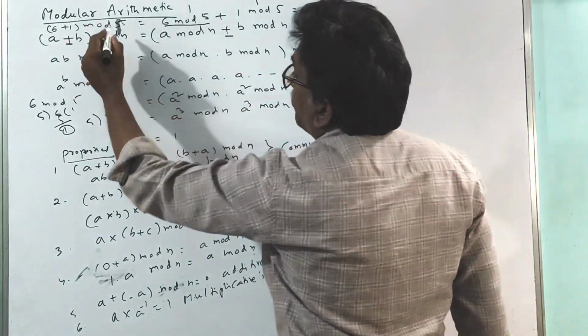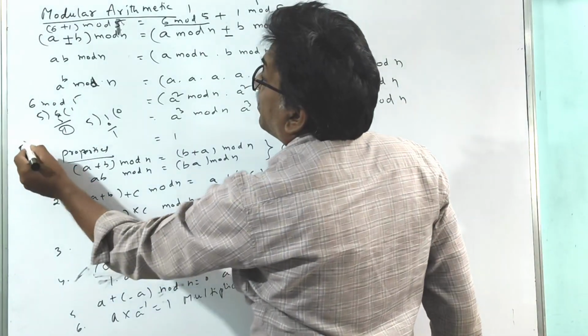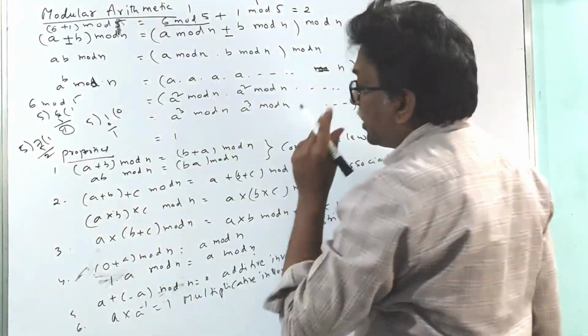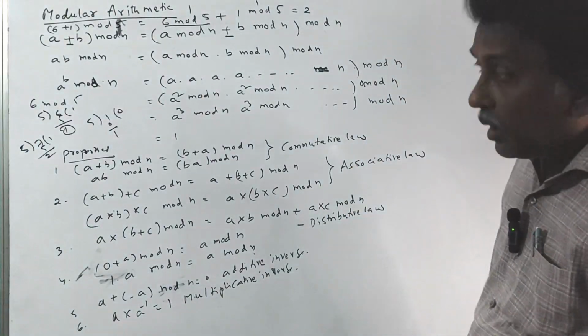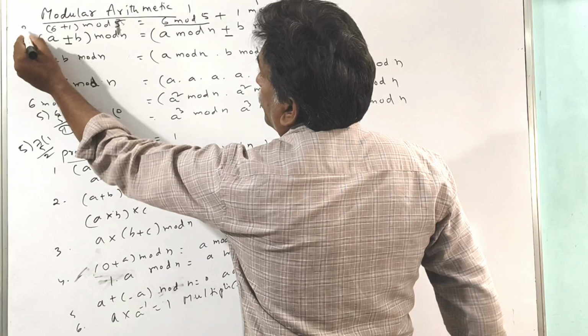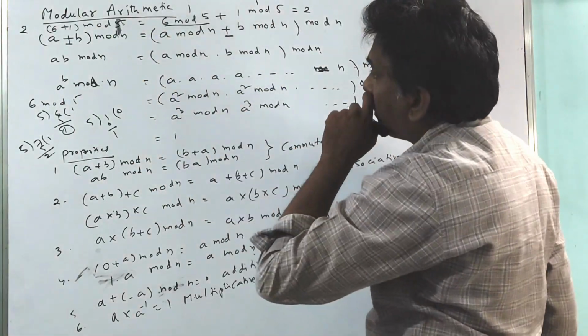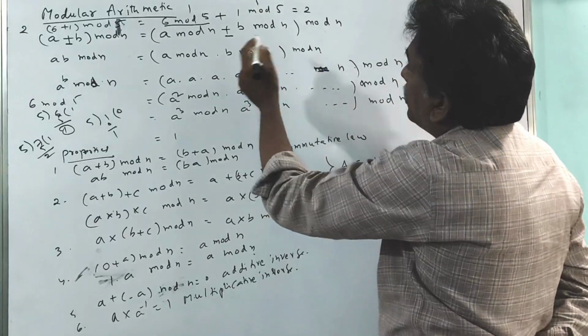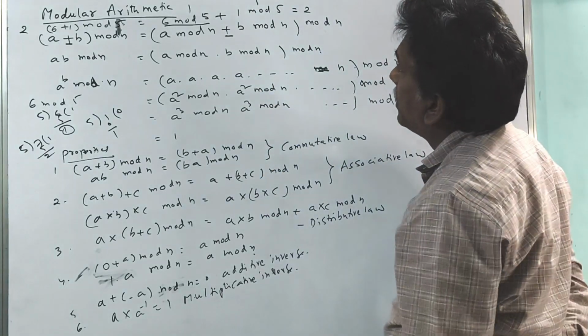So if you observe, 7 mod 5 means 7 divided by 5: one 5 is 5, remainder is 2. Right? So here on the left-hand side we get 2, and on the right-hand side, after applying the formula, we also get 2. Okay, so this is the answer.